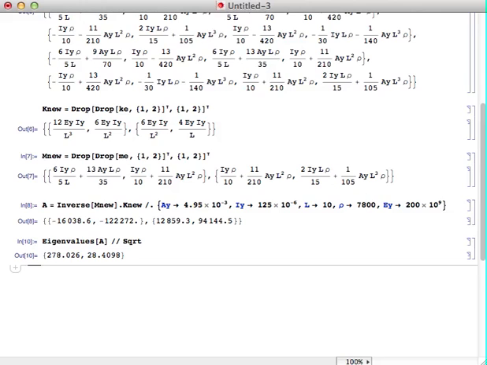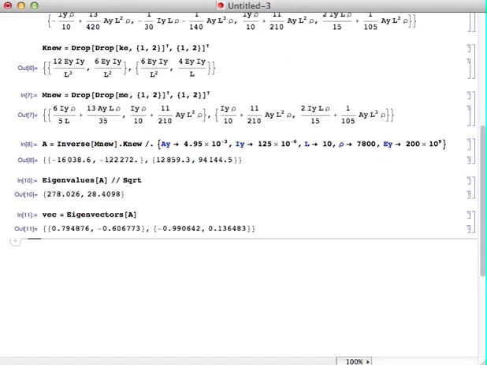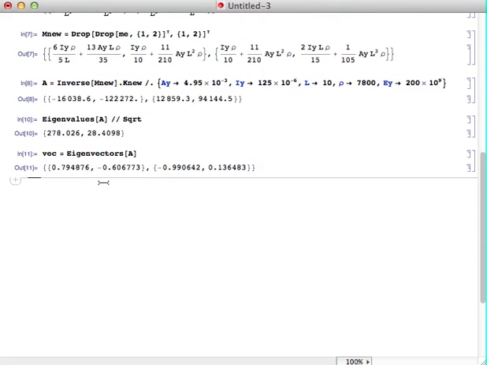But we can also, in the same way, get the eigenvectors. So the command here is just eigenvectors A. Okay. And then, just for fun, we can do something kind of neat with those, in that we can plot the solution.